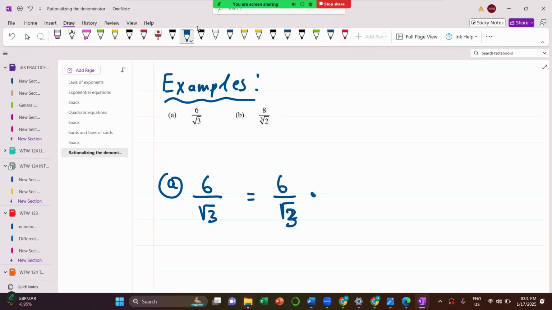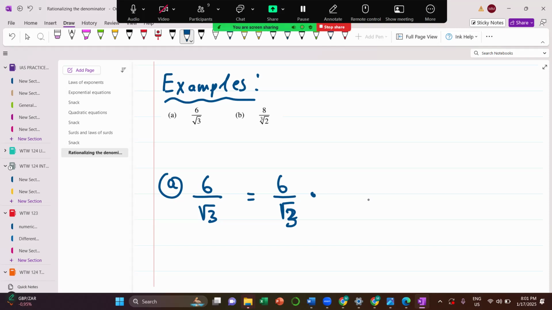Learners, you are quiet. By 1, sir. Yes, what is that 1? What must I write here? Okay. So I'm going to multiply by square root of 3 over square root of 3.